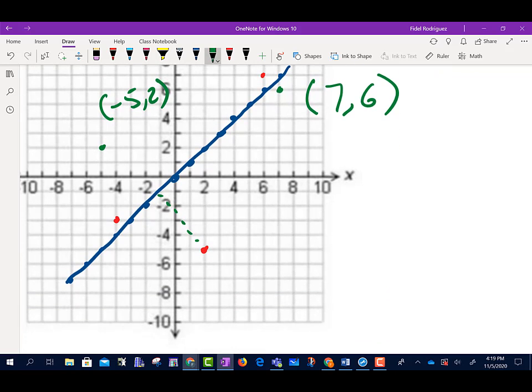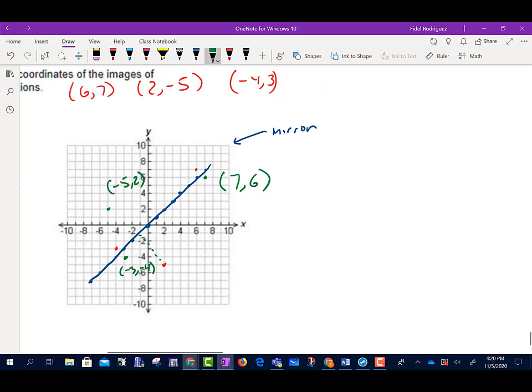And same thing here. This point here is going to come over here, and the coordinates of this point now are negative 3 and negative 4.